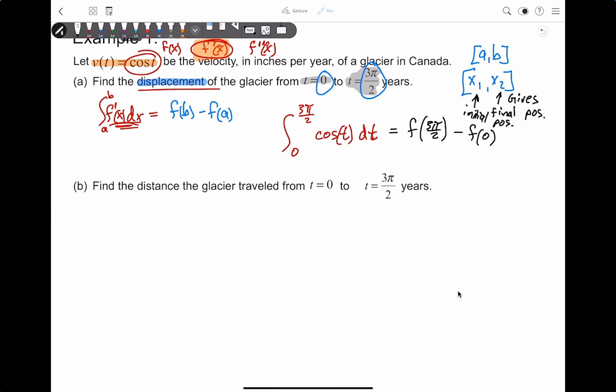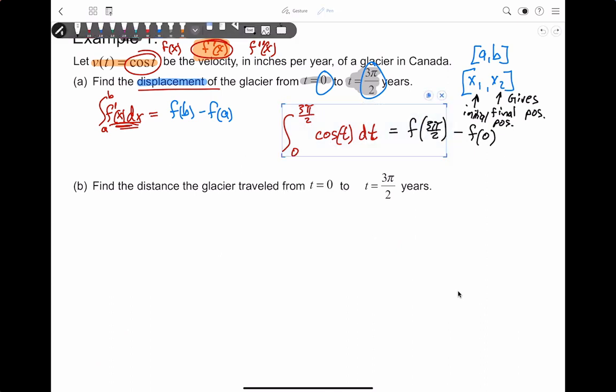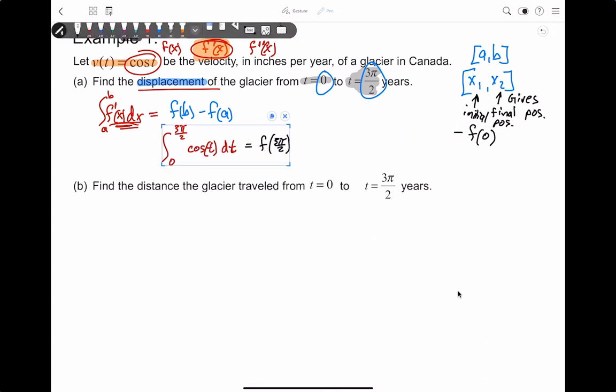Okay, so let's go ahead and find this answer. First of all, if we're looking for displacement, this is all we care about here, the change in position. And the way that we're going to get that is to solve this for its integral.